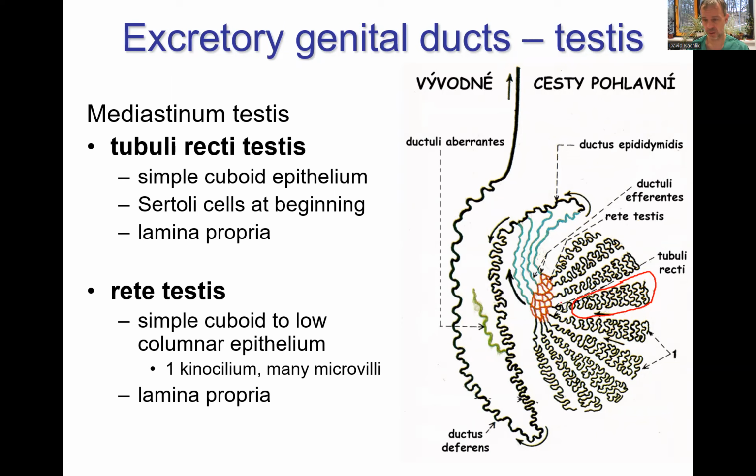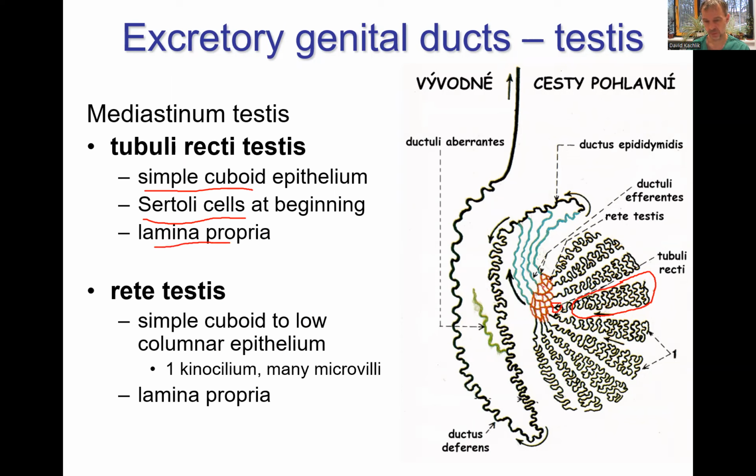So they slowly continue into very short straight tubules, which we call in Latin tubuli recti. They are lined with simple cuboid epithelium, but at the beginning they are even lined by Sertoli cells. And the epithelium is then protected by a very thin layer of connective tissue collagen fibers, so by lamina propria.